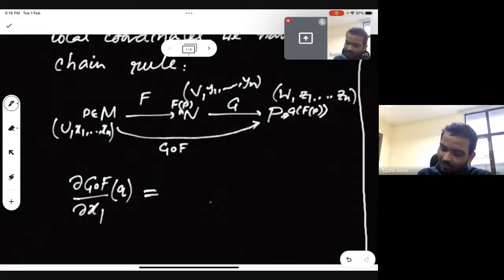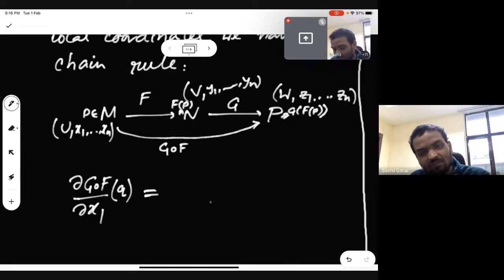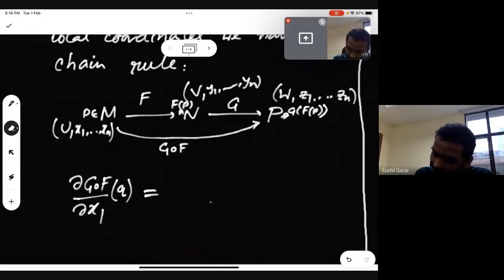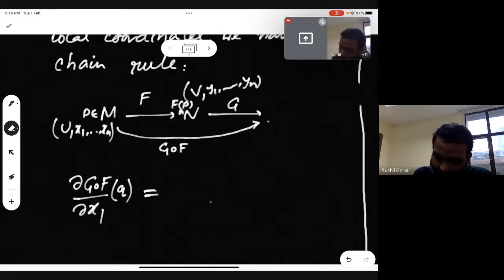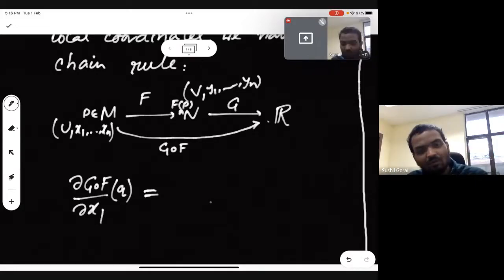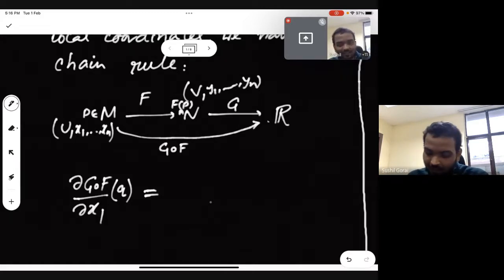Now you have this composition, and of course you cannot take the partial derivative directly, so you need to take one component, mapping it to R. What is it?